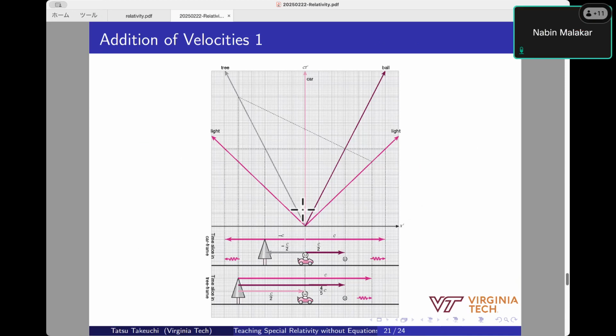Well, I haven't done gravitational redshift, but I do try to explain what would happen when you have an accelerated frame. Because special relativity only deals with inertial frames, but the moment you introduce acceleration, it becomes very interesting.